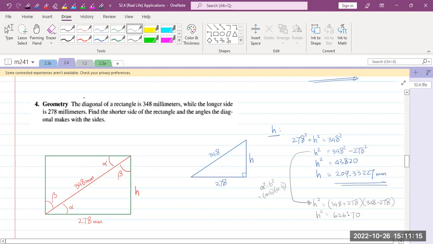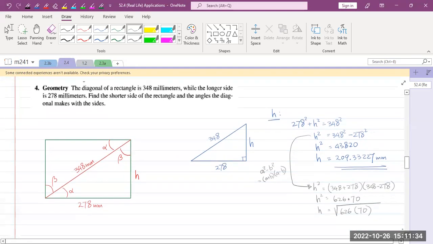Now then, if you happen to have nice numbers, that would be easier to compute, but well, you still have calculator. Okay, so h equals the square root of 626 times 70. So this is not a decimal point. Okay, this is a multiplication sign. You will get the same value if you use this method. Okay, if you have calculator, don't worry about it.